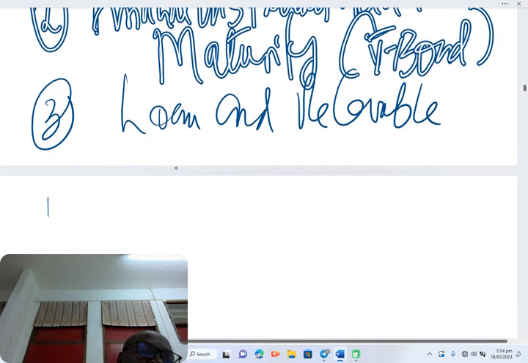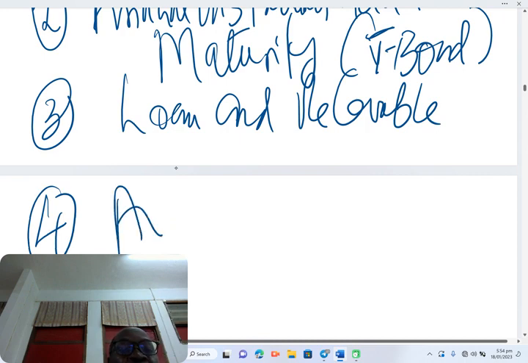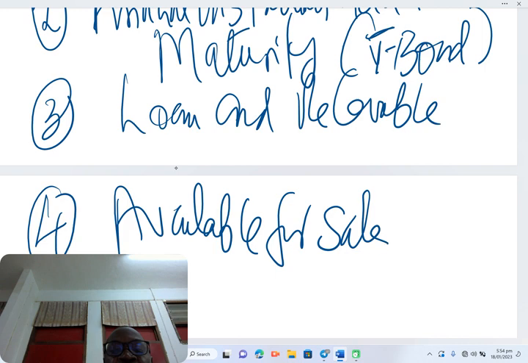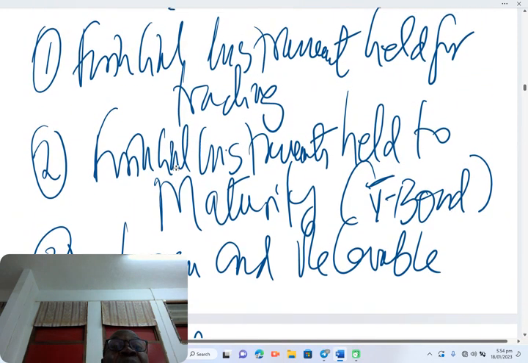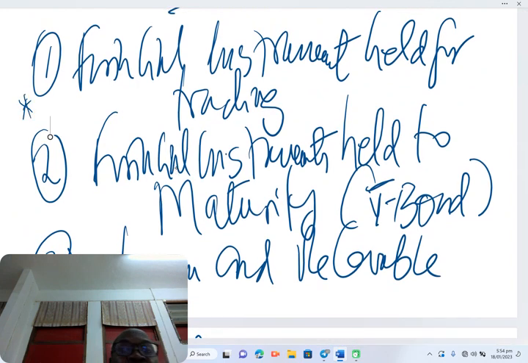Number 4, we have available for sale financial instrument. So today I will describe the first component only in 2 standards. The second component we can do in another period because of time constraint.